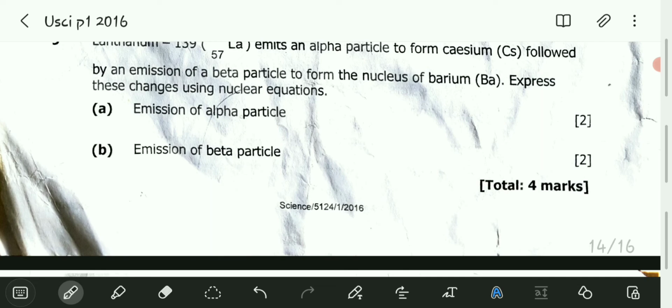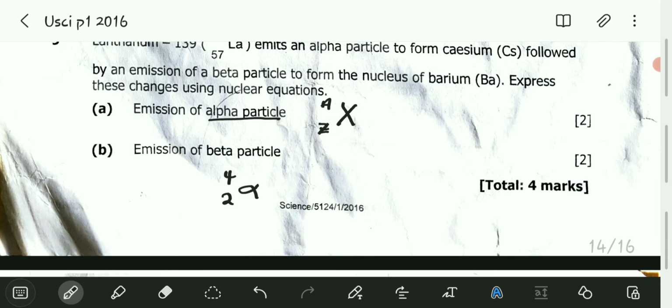For alpha decay, we have what is called the parent nucleus, which may be denoted as X, with atomic number Z and mass number A. When this decays, we should always know that an alpha particle is a helium nucleus, denoted by the symbol alpha, and because it is a helium nucleus, it has a mass of 4 atomic mass units and a proton number of 2.